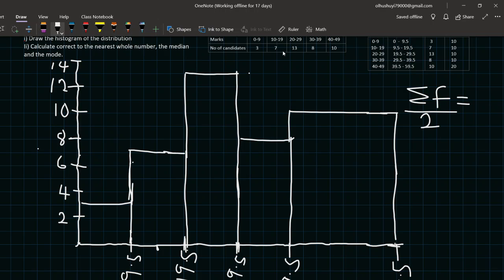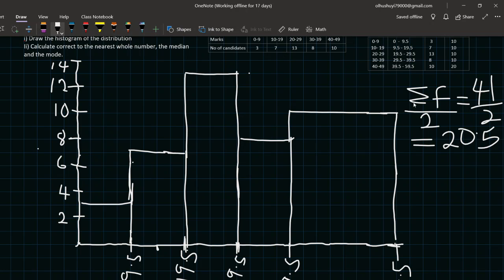So the whole frequency there is 41. So this should be 41 upon 2, and that should give me 20.5. It is a summation of f. But now we need to calculate for the cumulative frequency before the median class.